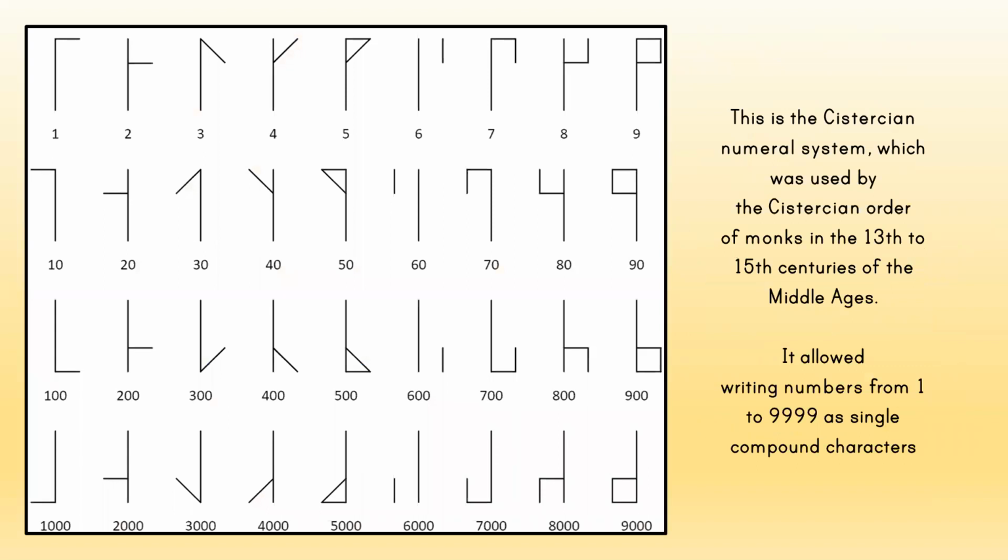Now this is what we're going to be focusing on. This is the Cistercian numeral system, and it was developed between the 13th and 15th centuries by the Cistercian monks. What this did, it's a particularly special number system because it allowed all of the numbers from 1 to 9,999 to be written as a single compound character, so one symbol.